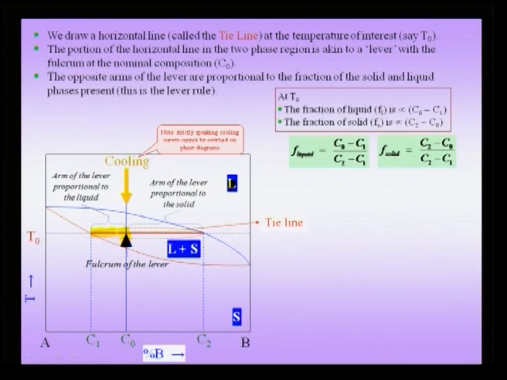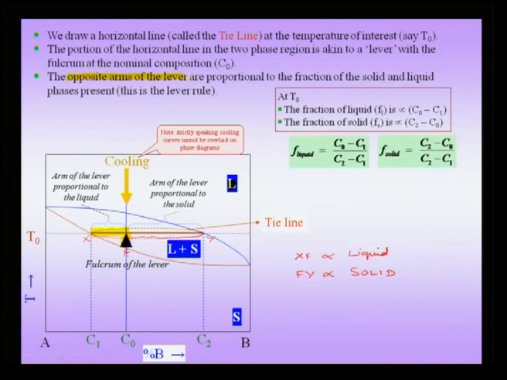On the other hand, the amount of solid is proportional to the other arm of the lever, which I have marked in red. So, on this right hand side, suppose I call this x y and this is fulcrum f, I can note that x f is proportional to the liquid and f y is proportional to the solid.